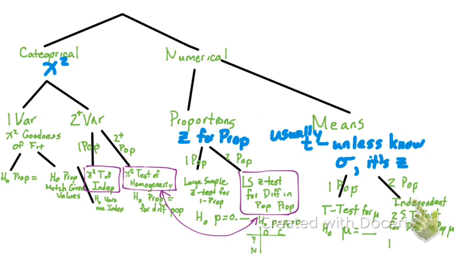And usually your null hypothesis there is going to be that mu1 minus mu2 equals some number.